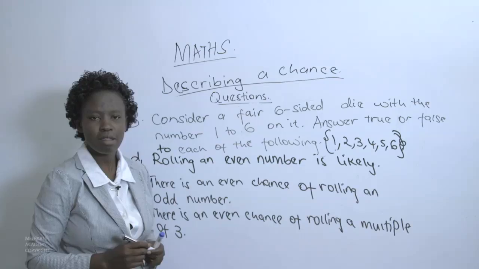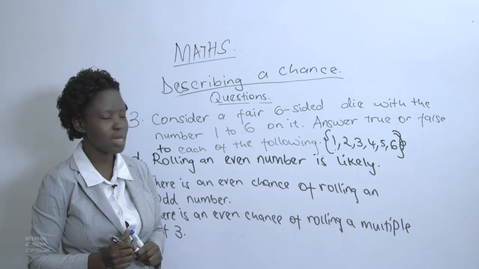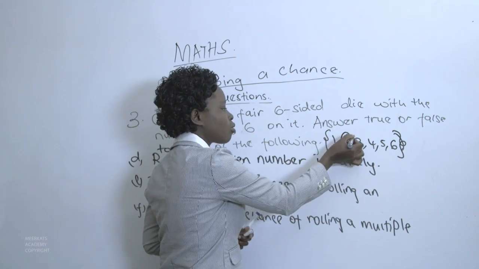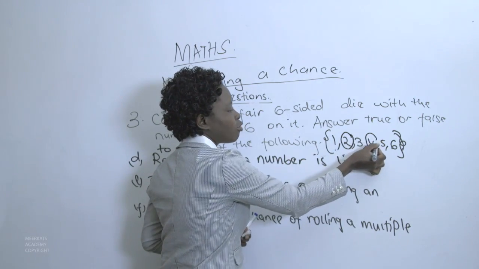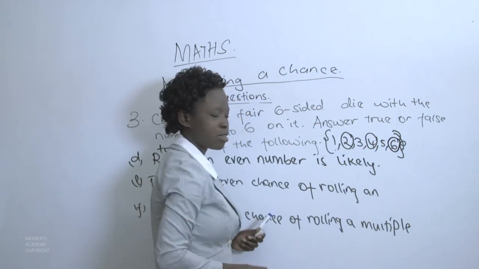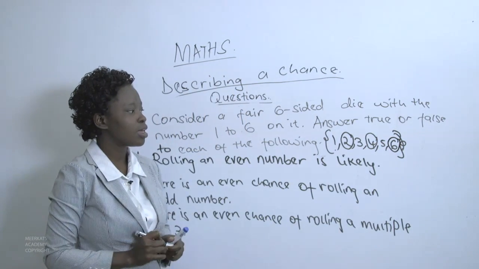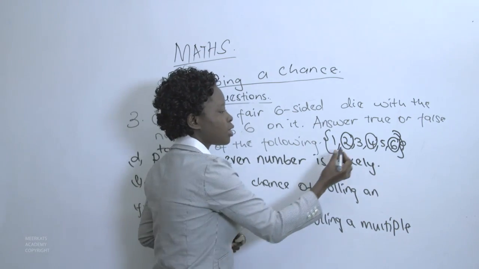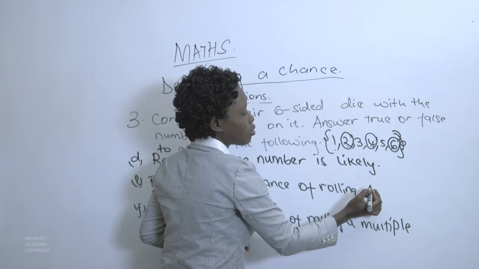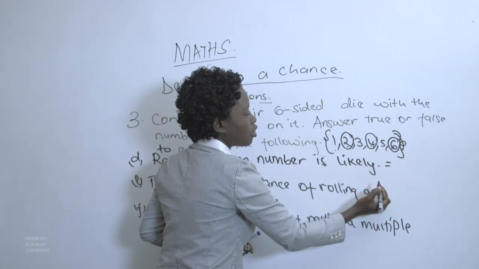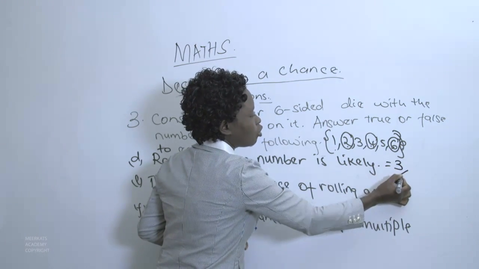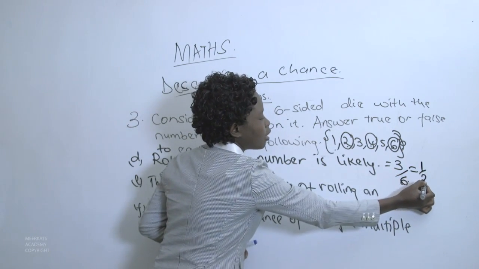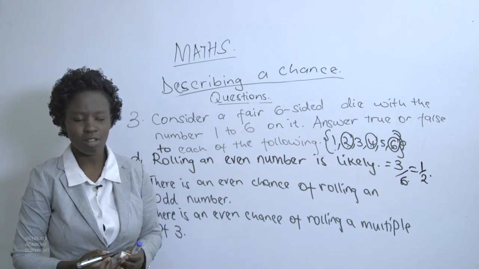An even number is a number that is divisible by 2. So we have 2 itself, we have 4, then we have 6. The chances of an even number occurring is 3 favorable chances, 3 out of a total of 6 numbers. This is the same as 1 over 2 if I simplify that fraction.